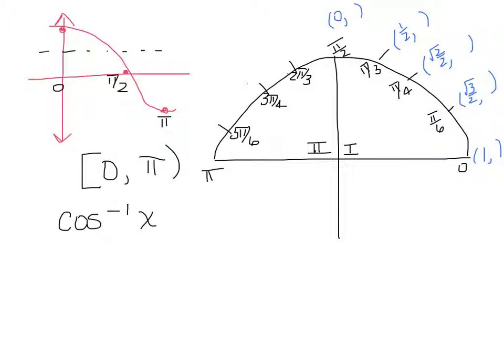And then on this side, it'll be negative 1/2, negative square root of 2 over 2, and negative square root of 3 over 2, and then here it'll be negative 1. So those are the possible choices that they can give you. They ask you for cosine inverse of x. So the problem will be something like this.